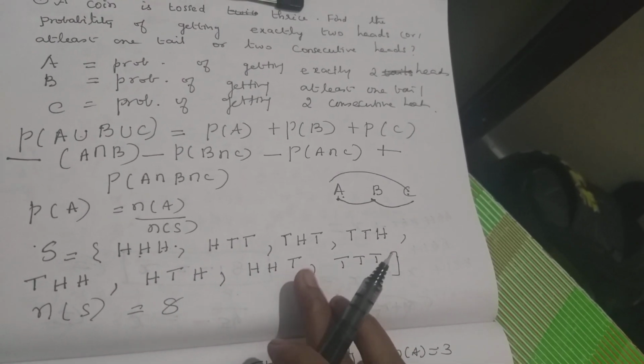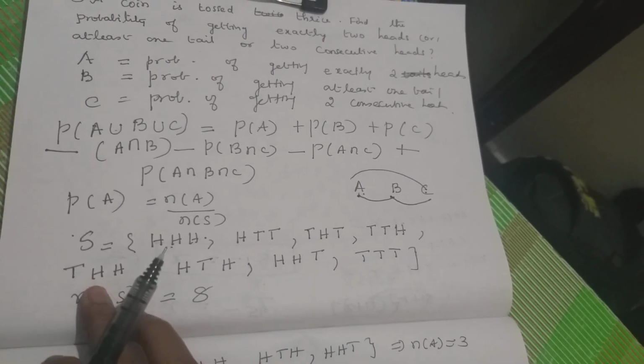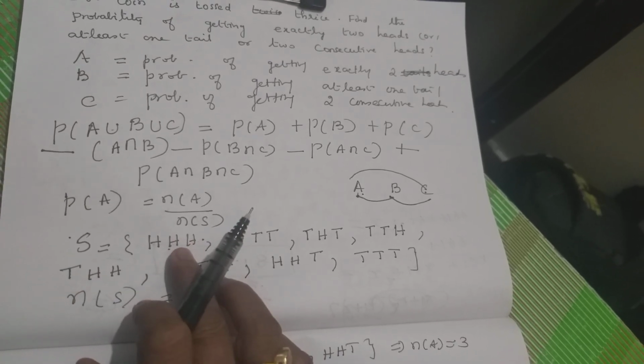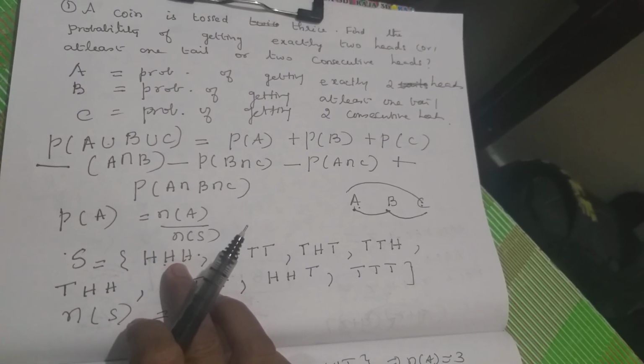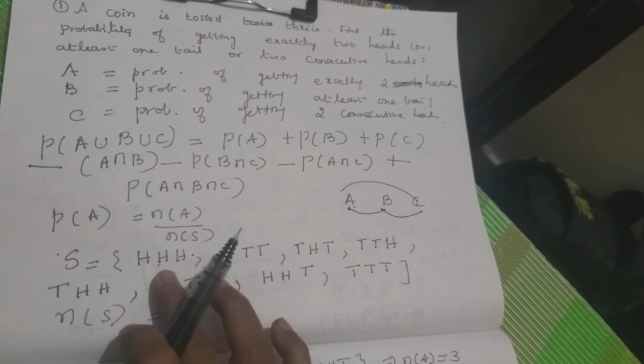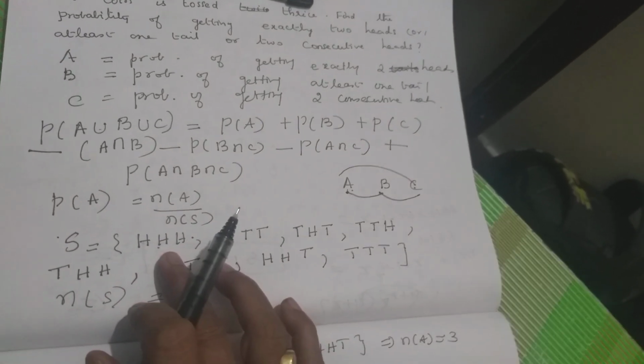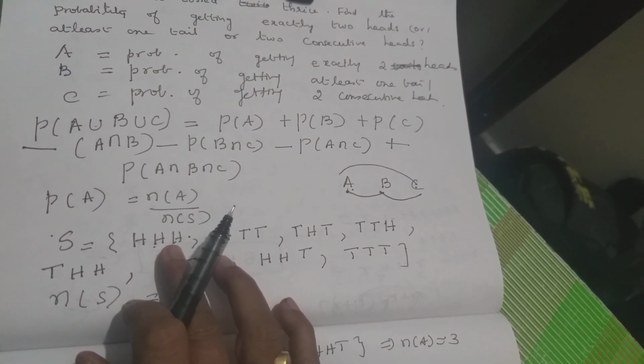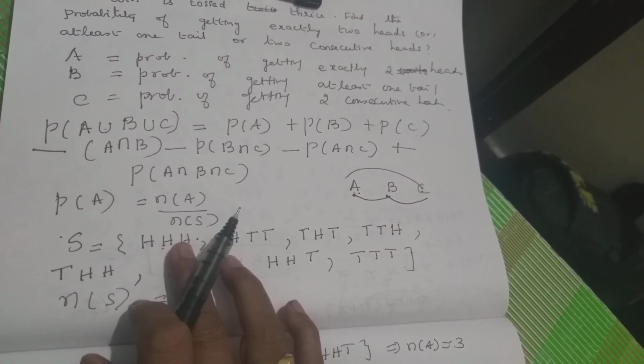Here this is there, so we can take this. And here also 2 consecutive heads. Here also 2 consecutive heads. It doesn't mean strictly 2 heads; it may be 3 heads also. So we can take all 3 here.